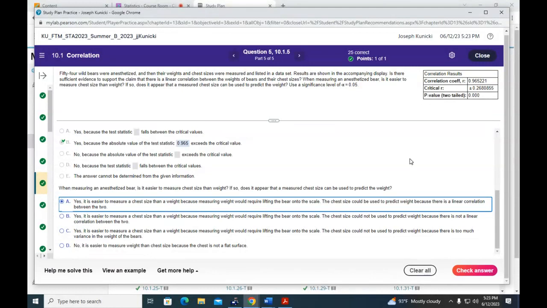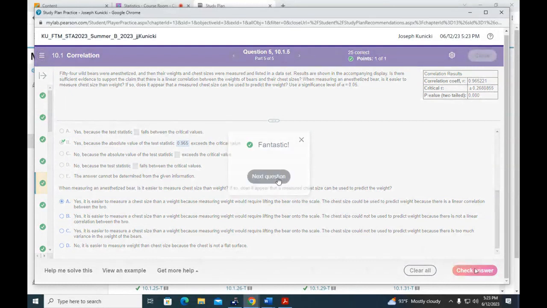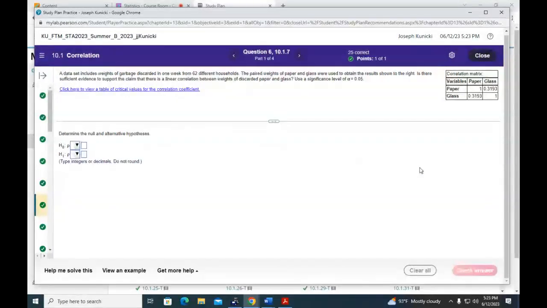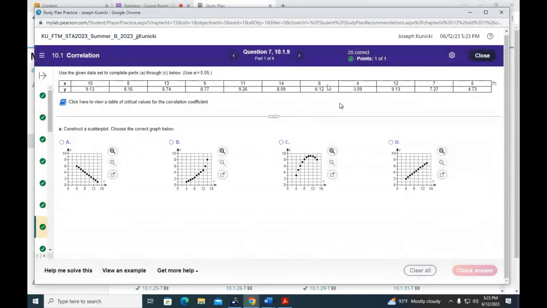You estimate the circumference of the bear's chest based on the pictures, and then you can use the regression line to estimate their weight. You just need an estimate. And if you know the chest size, you know its weight. That way you don't have to take the vehicles through the forest and do all this. It's tough. It's a lot of work. That's why they do this.